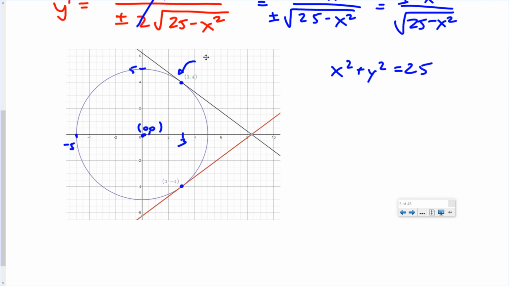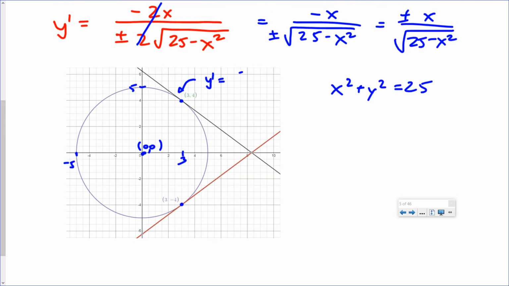At this point, I have one slope, which is y prime equals, let me recopy that, negative x over, probably, this is a negative slope, so it's probably over 25 minus x squared. And this slope here is going to be the opposite, negative x over negative 25 minus x squared. You guys see why there are 2 slopes?